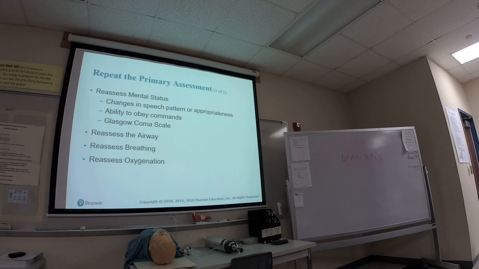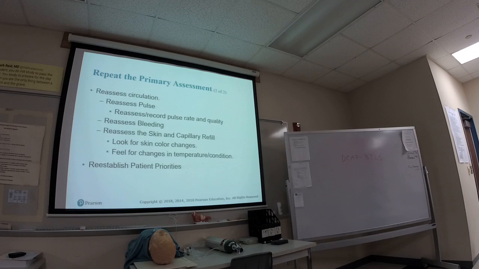People's conditions change very rapid. Then adjust your Glasgow Coma Scale. Always reassess your ABCs, all right? And just keep looking for different changes. Now your reassessment, you don't necessarily need to do a full head to toe, okay? You just reassess where their complaints are, all right?